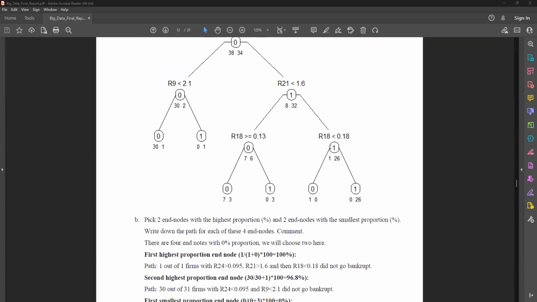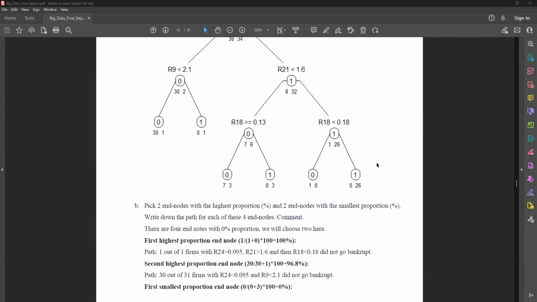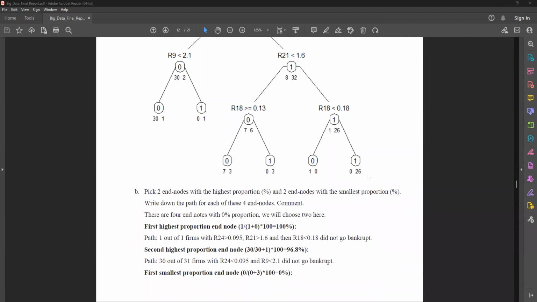Looking at the endnodes, we can see that there are actually 3 endnodes with 0% proportion, and we'll only choose 2 to answer this question. The highest proportion endnode is actually 100%, so it's this one.